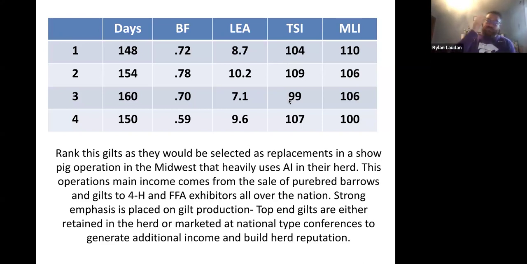Okay, number 3's just got real low TSI, which makes sense because their days were bad and their loin eye was bad. Now I'm going to talk about maternal line index. So on paper, how good they are as a mama. Well, this gal here at number 1, she's going to be the highest for maternal line index. She's got some good mama data. And number 4 is low.